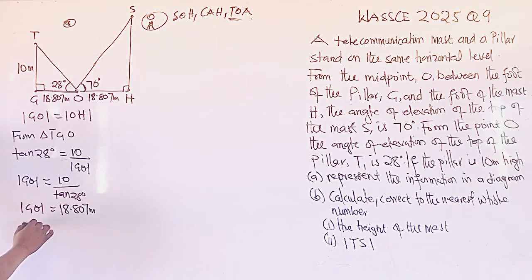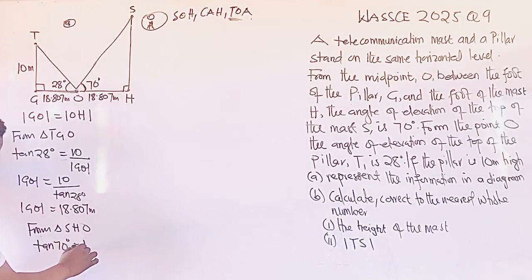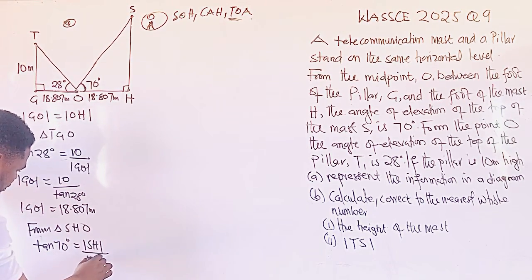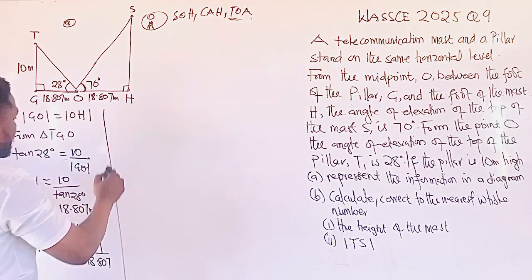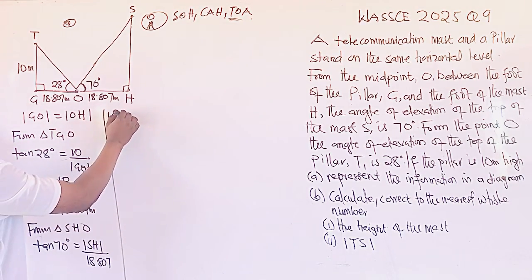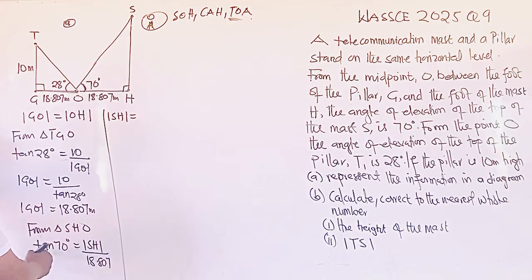So again, from triangle SHO, we can say that tan 70 should be equal to opposite, which is SH, divided by adjacent, which is 18.807. Then we make SH the subject. All right. By making SH the subject, we cross multiply.